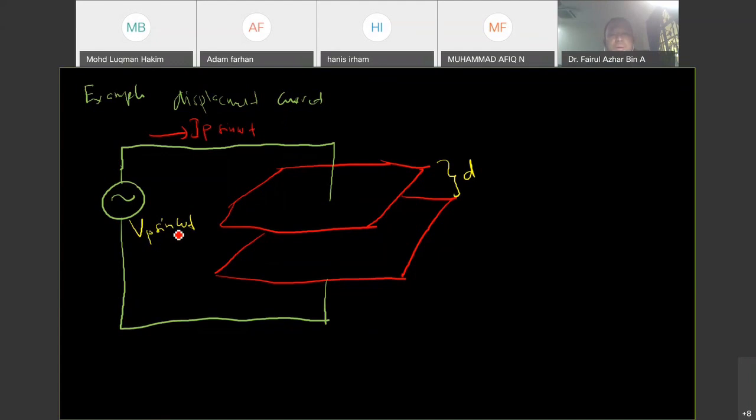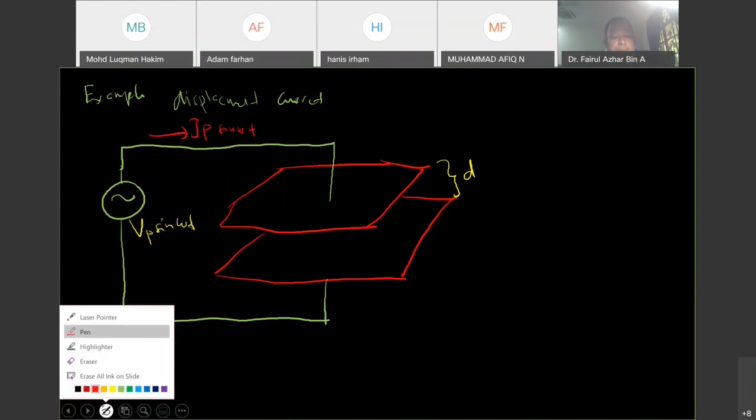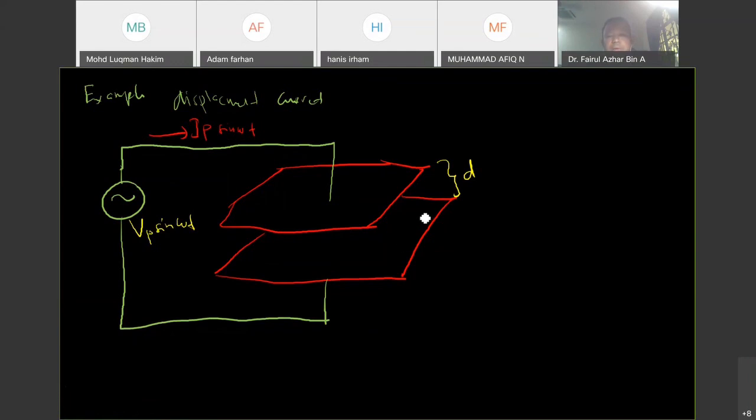Whenever we connect a voltage source to a capacitor, some current flows inside the conductor. But as we have learned before, between the plates we fill the area with some dielectric, and inside this dielectric the current flowing is equal to 0 ampere.